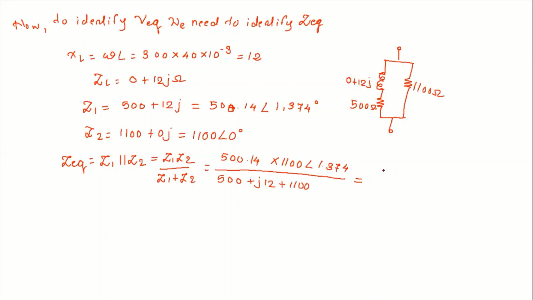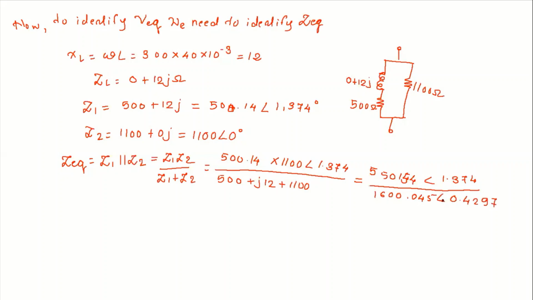If we multiply those values, we'll get 550,154 at an angle 1.374, divided by this addition. 500 plus 1100 will become 1600 plus J12, and directly I'm going to write it in polar form. After conversion, we'll get 1600.045 at an angle 0.4297.